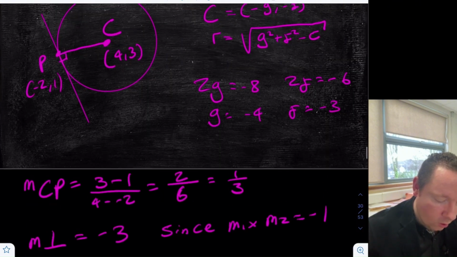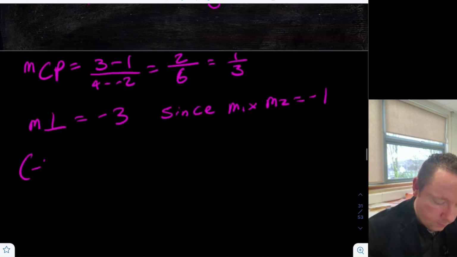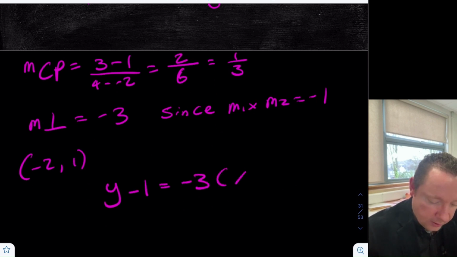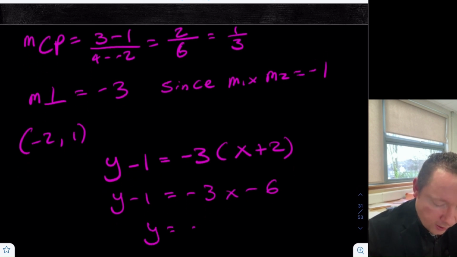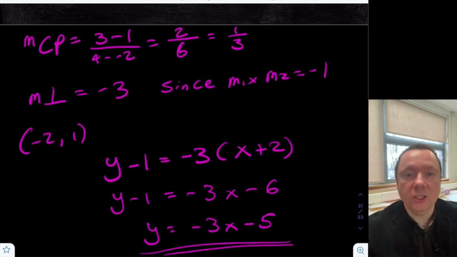And the point we've got is minus 2, 1. So y minus b equals m times x minus a, so plus 2. So y minus 1 equals minus 3x minus 6. So y equals minus 3x minus 5. And that's the equation of our tangent.